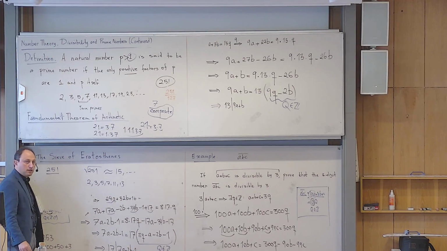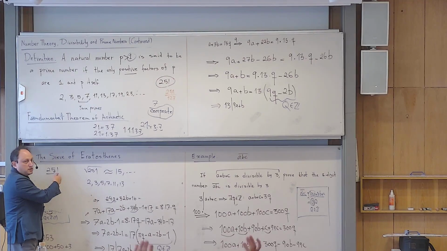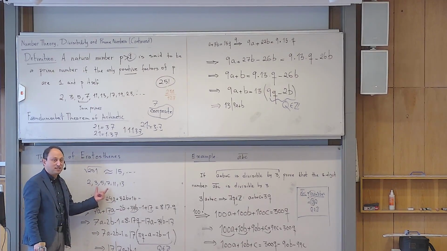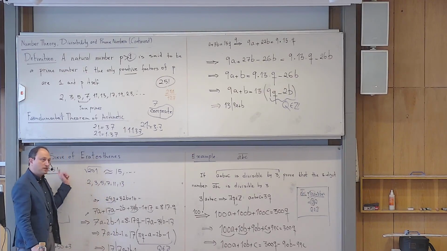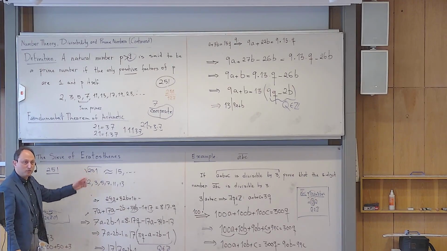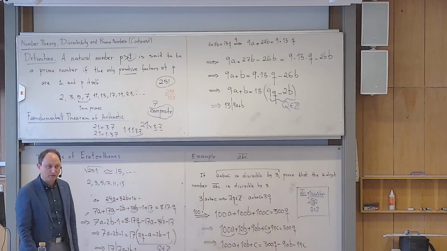So you don't need to check that much. If it is divisible by one of them, then it is a composite number. If it is not divisible by these 6 numbers, he was able to show that there will be no chance that this is divisible by any other number. So it is a much more efficient method, yes?